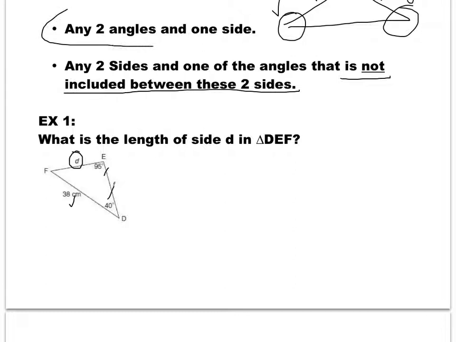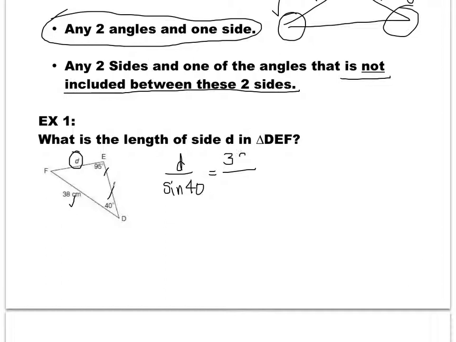We said that any two angles and one side is sufficient to use sine law. So I'm going to use sine law here. I'm going to write D over sine 40 is equal to 38 over sine 95.